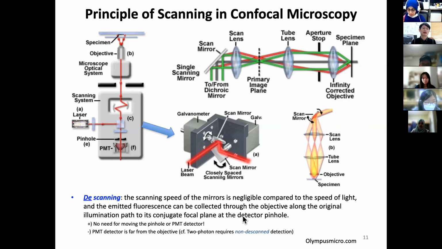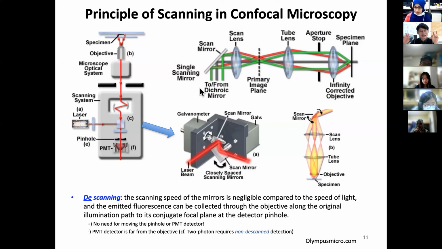And what's good about this? This just solves the problem of whether we should move the pinhole accordingly. No, there's no need for moving the pinhole and the detector, usually that PMT, which I will describe on Wednesday, photomultiplier tube detector. And this allows a great advantage of confocal, but at the same time, it also has a limitation of confocal. Why? You have to put the detector not right close to the sample, but very far after the scanner.